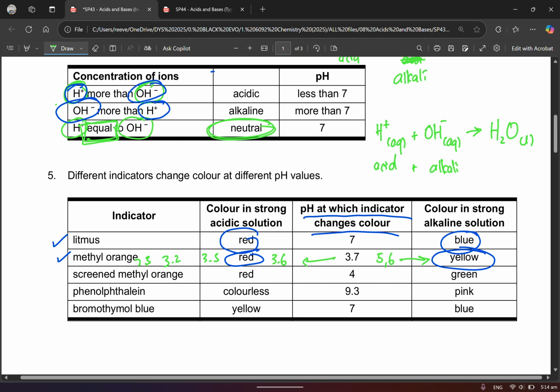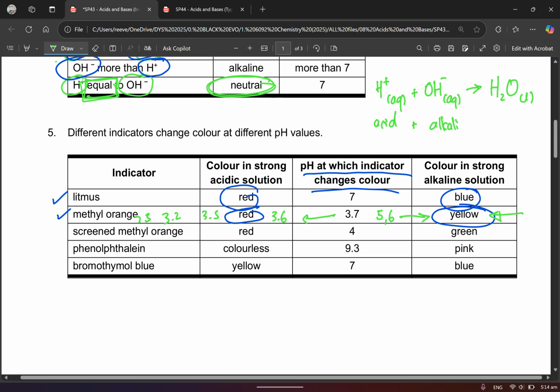So you can still have things like pH 5, which based on the information is an acid, but it will give you yellow color. So the yellow color here, when you use methyl orange, does not necessarily mean it must be more than pH 7. It can be pH 5 also, because it changes color at 3.7.